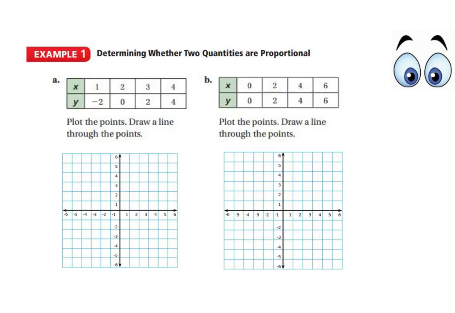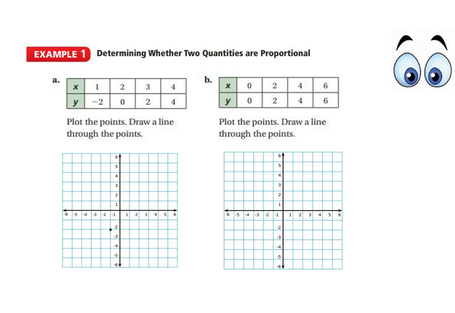So let's take a look at a few examples. In this first example, A, it says plot the points and draw a line through the points. So we're graphing x at 1 and y at -2. So we'll go 1 to the left and 2 down.